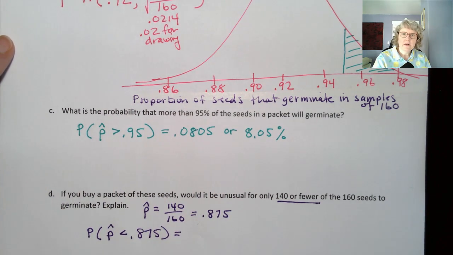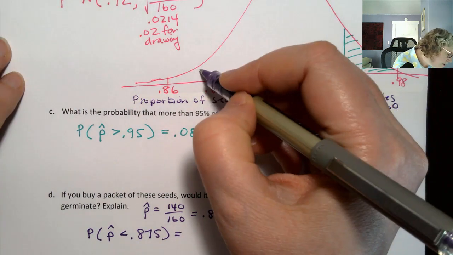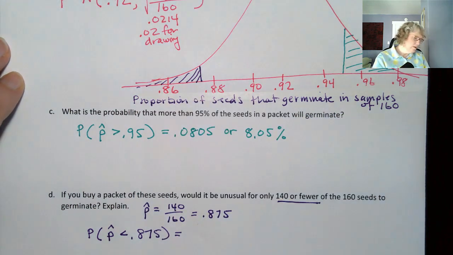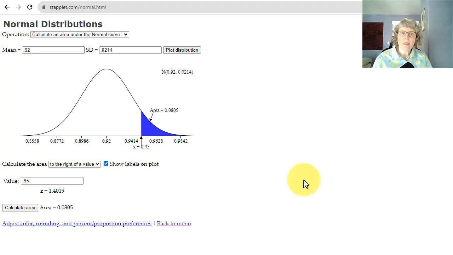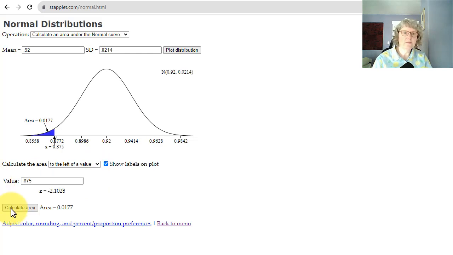Now let me put that on my graph, 0.875, that would be right about here. Okay, doesn't look too bad. Let's see what it is in the actual app. So this time we're going to go to the left of a value 0.875. Okay, and this is 0.0177, so pretty small.